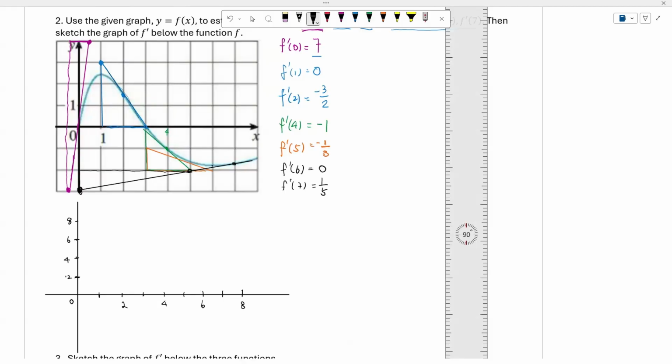Now f prime of 0 is about 7. By the way, this is f prime, okay? And then now let's go to 0. And here is about -2.